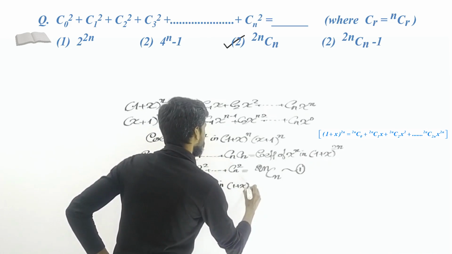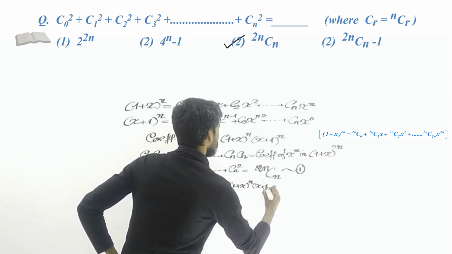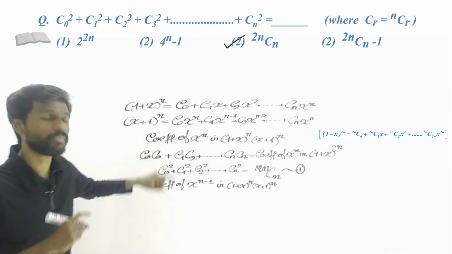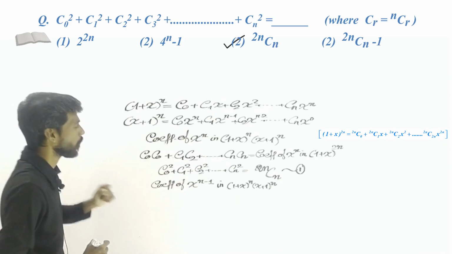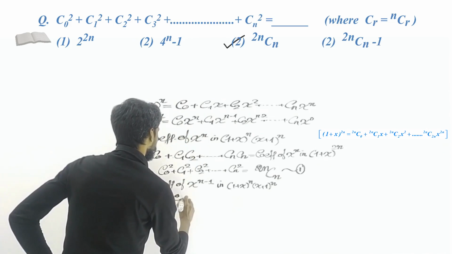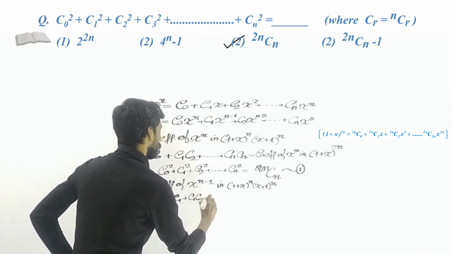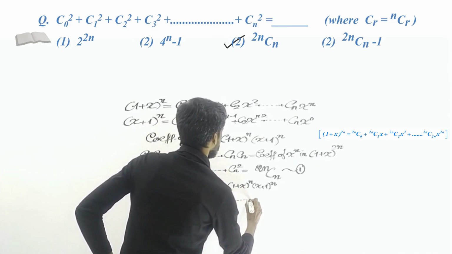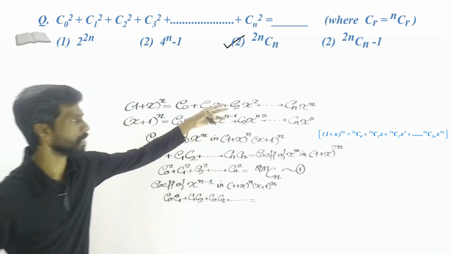Again the same thing, 1 plus x to the power n multiplied by x plus 1 to the power n. Same multiplication, but instead of the coefficient of x to the power n, we find the coefficient of x to the power n minus 1. What do you get? C0 C1 plus C1 C2 and then C2 C3 etc. The last one is Cn minus 1 Cn.